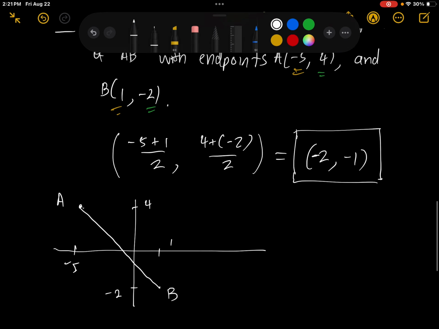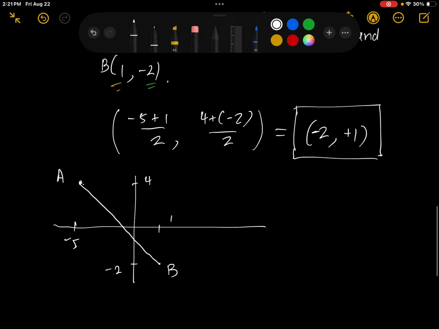Oh, sorry, this should be positive 1, shouldn't it? Because 4 minus 2 is 2, and then 2 over 2 is 1. So negative 2, comma 1. This picture is not very accurate, but maybe it's this point. And if I drew the picture very accurately, then the length of AC would be equal to the length of CB.